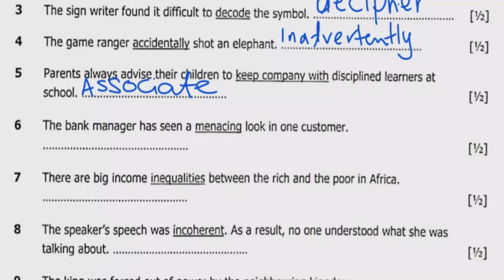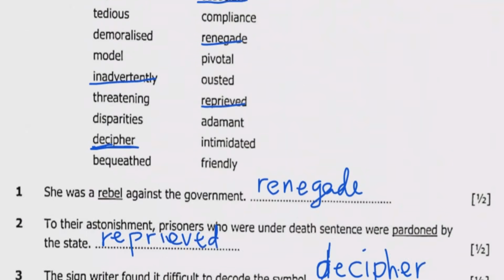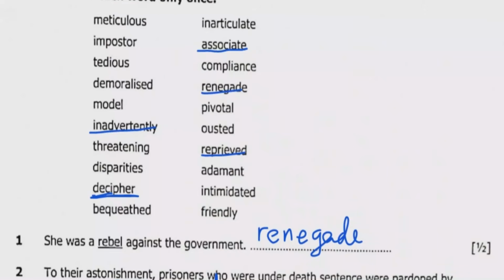We come to question 6, which is: the bank manager has seen a meanness look in one customer. Which word means meanness among the given words? The word that means meanness is threatening.